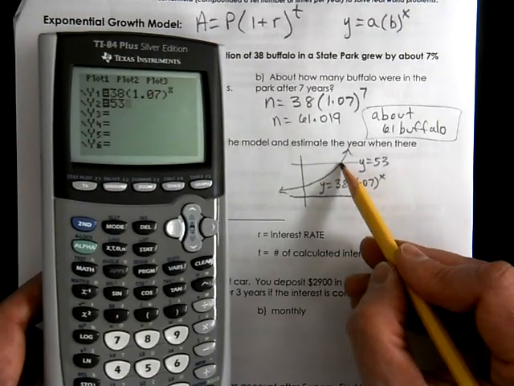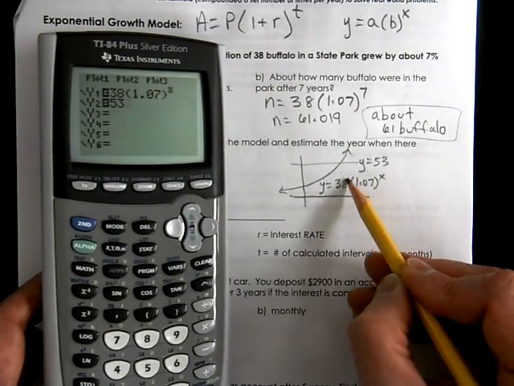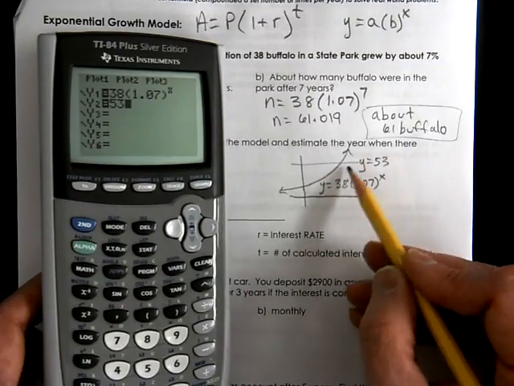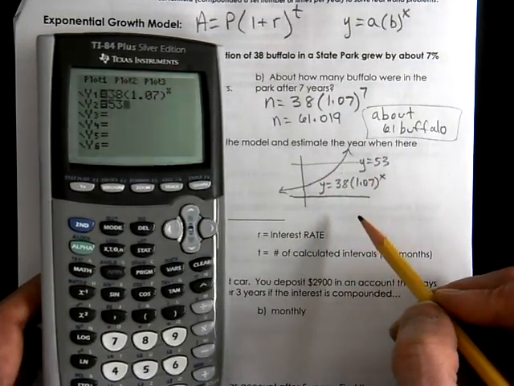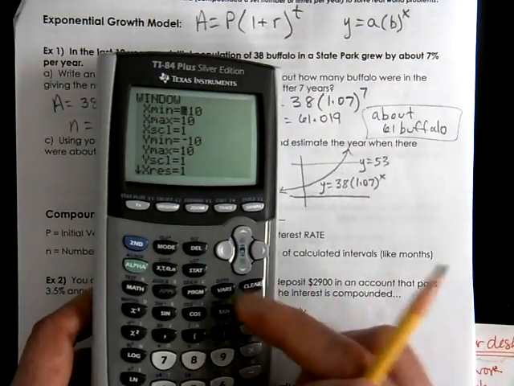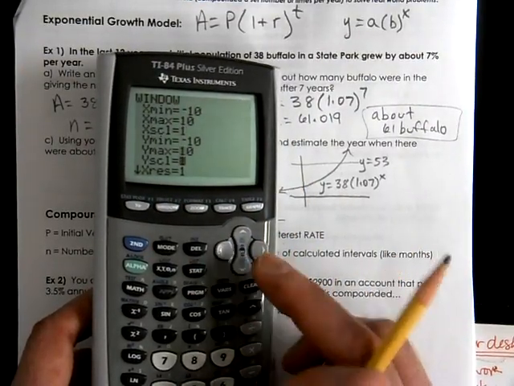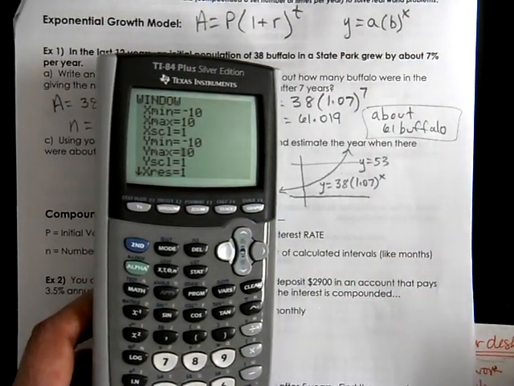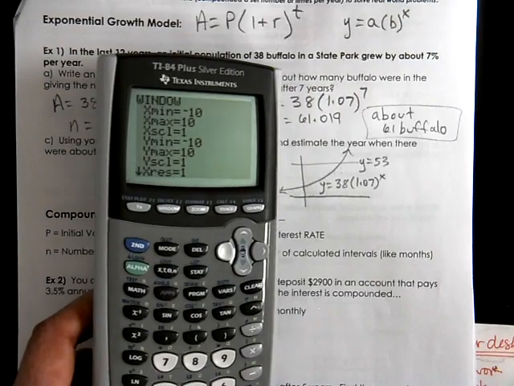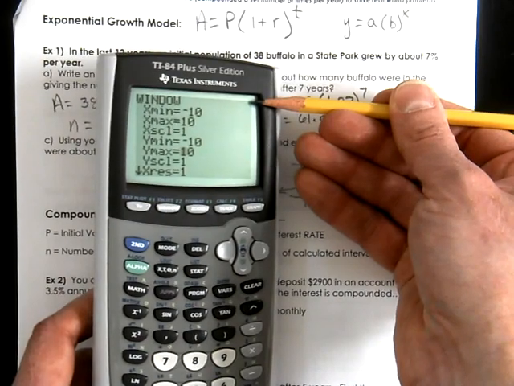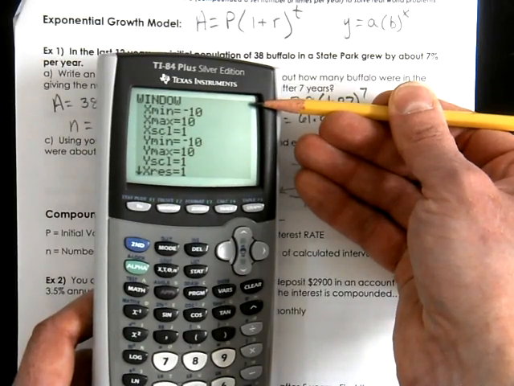So this is what we're trying to figure out, is what is the x value when our exponential growth hits 53. So we have to go to Window to be sure that our graph is going to show a y value that is up in the 50s. So I'd actually pick a number considerably larger, so you're sure that if you just pick 55, then 53 is going to be just below that.